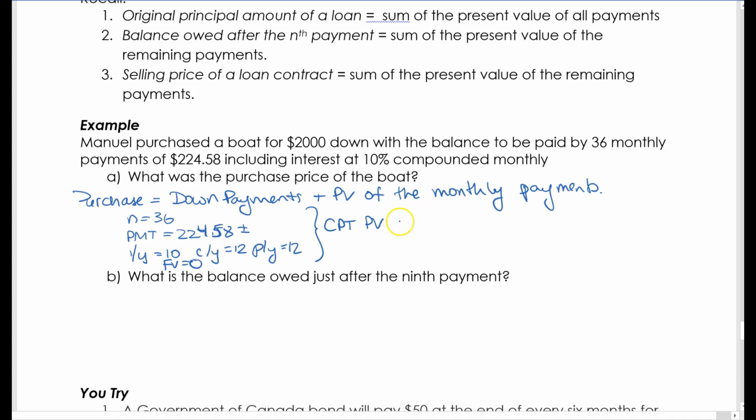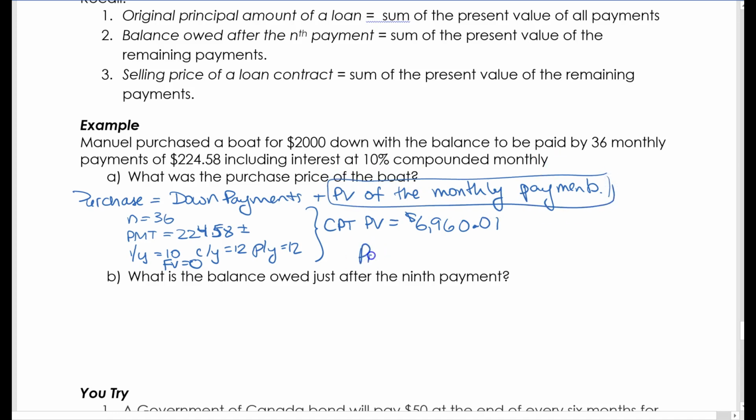You compute PV and you get 6,960.01. That's the present value of the monthly payments, so that's only this part right here.